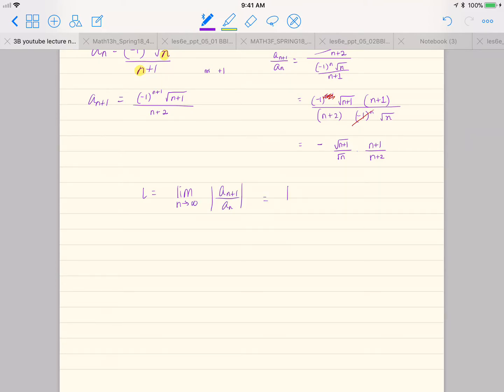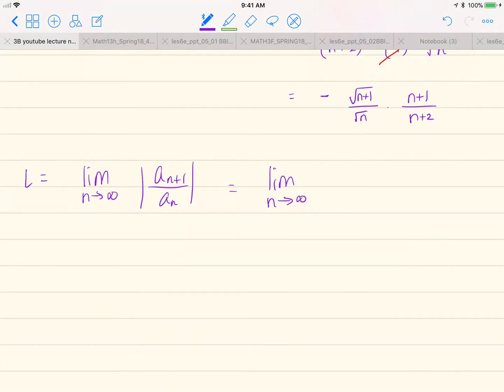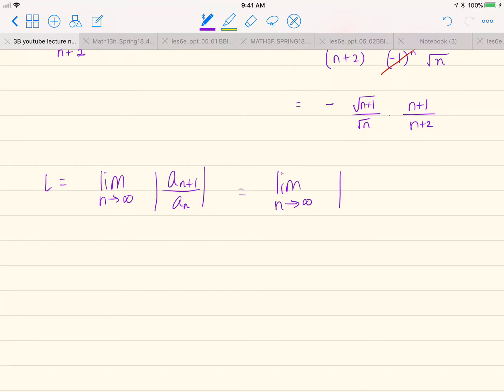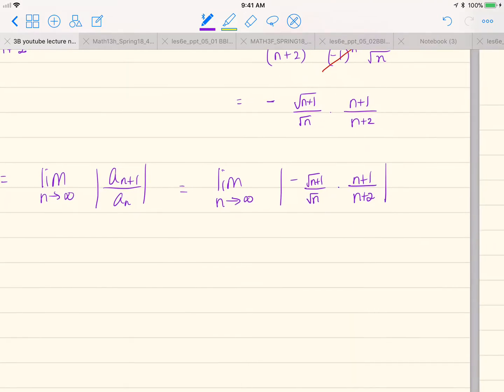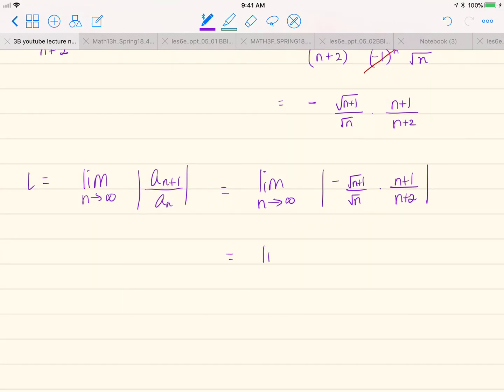We should get the limit as n goes to infinity of the absolute value of negative square root of n plus 1 over square root of n times n plus 1 over n plus 2. When we take the square root and combine, we should have n plus 1 over n times n plus 1 over n plus 2.